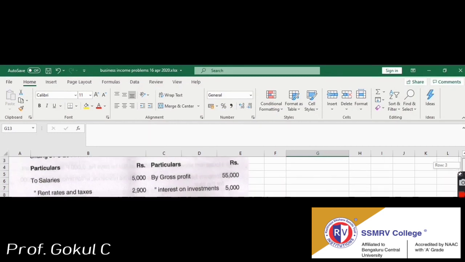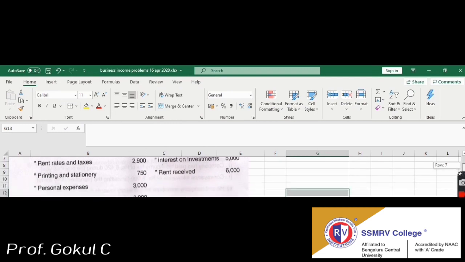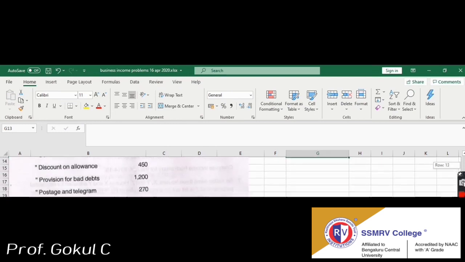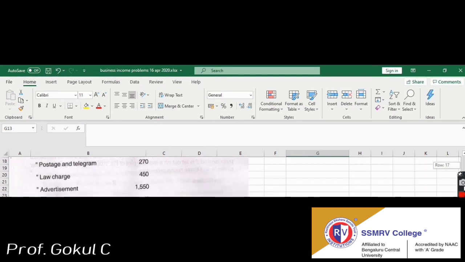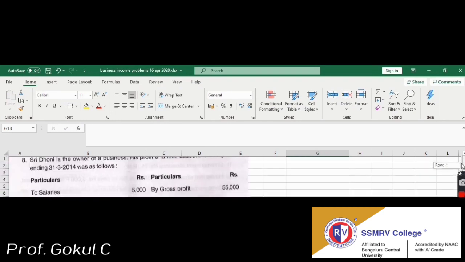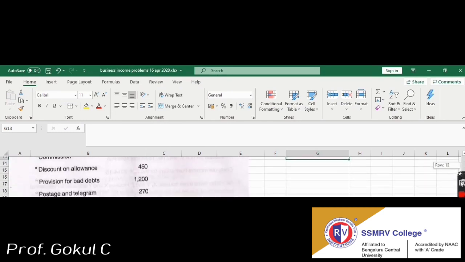So let's run through the debits: salaries, rent and rates, printing and stationery, personal expenses, commission, discount on allowance, provision for bad debts, postage and telegram, law charges, advertisement, gifts and presents, fire insurance premium on stock, gross profit, interest on investments, rent received.